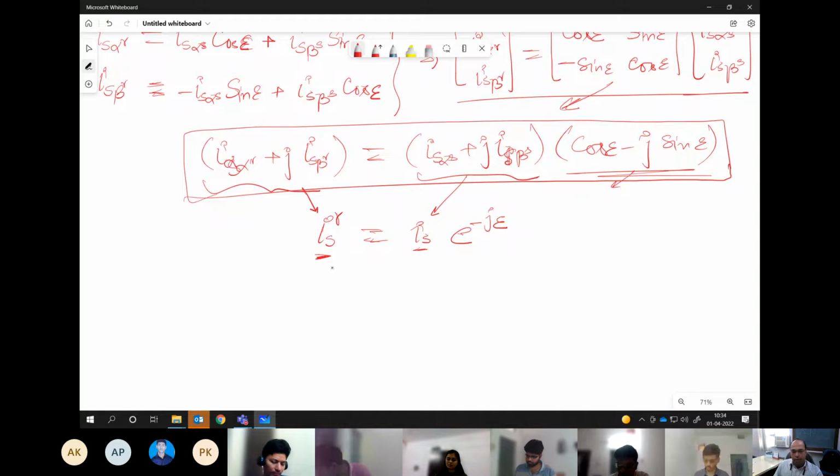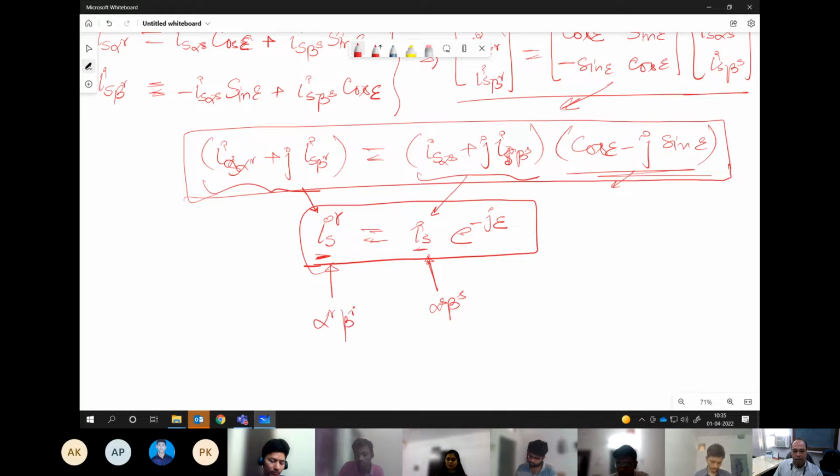So what has happened? We know the vector in one reference frame, let us say in this alpha s beta s reference frame. We are trying to compute the vector in the alpha r beta r reference frame. So we can simply multiply a unit vector with the original vector to obtain the new vector.